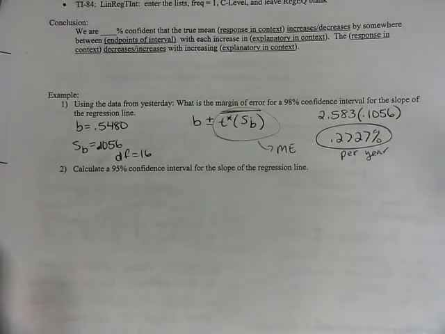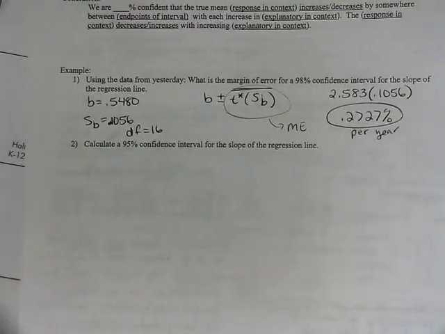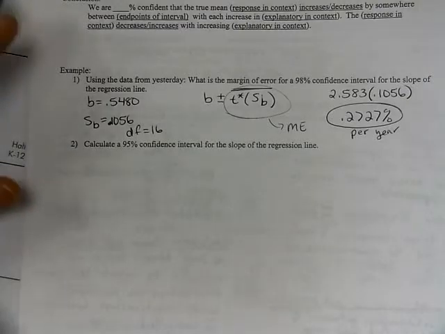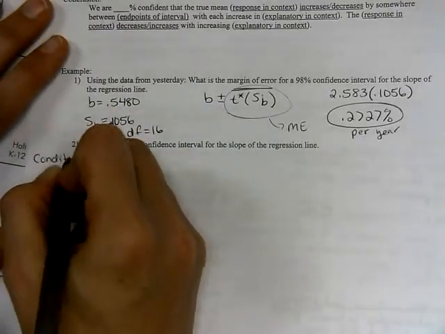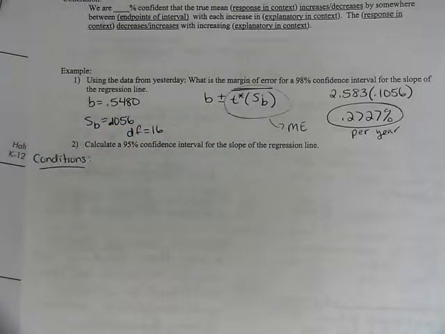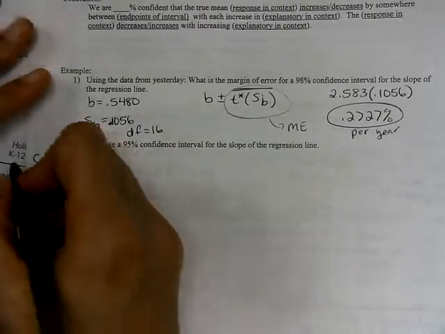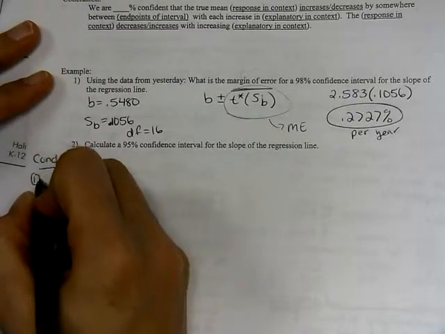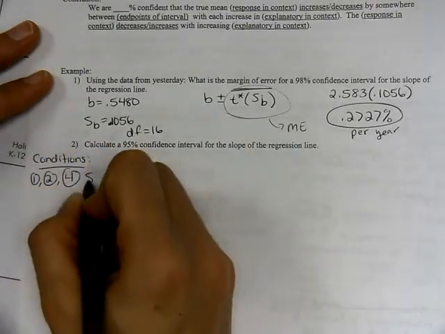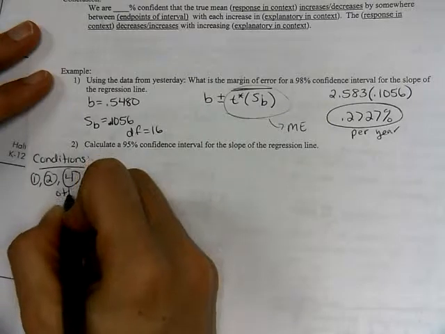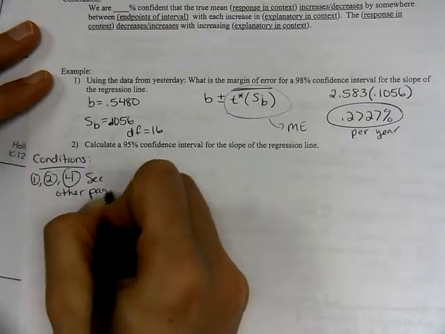Okay, so now let's calculate a 95% confidence interval for the slope of the regression line. So our conditions, I'm not going to write them all out because they were the same as yesterday. So 1, 2, 4, see other page.